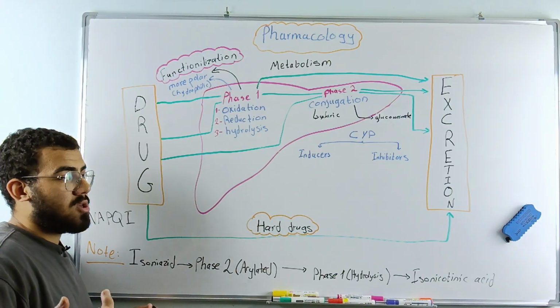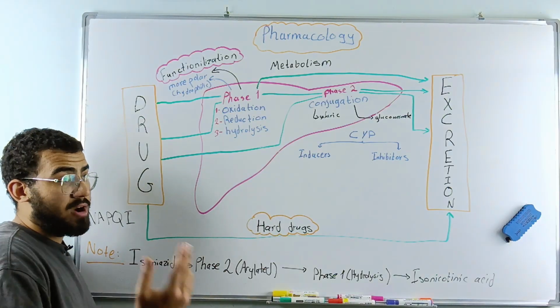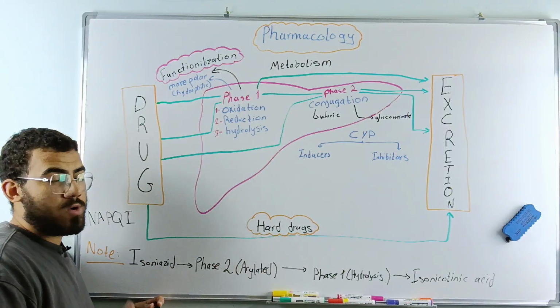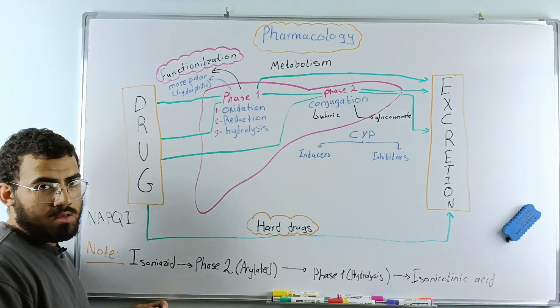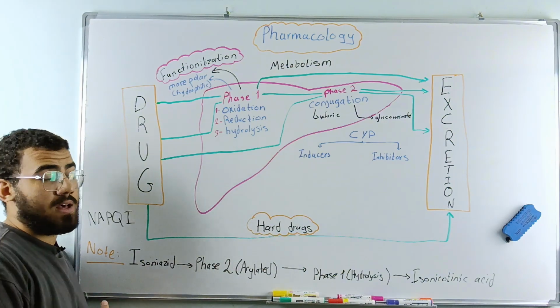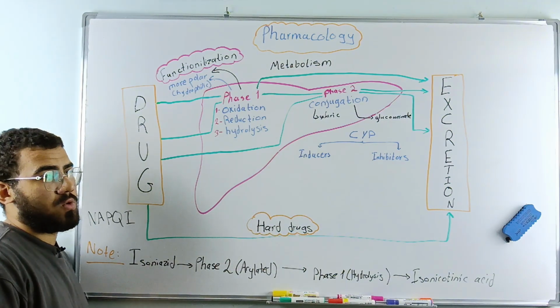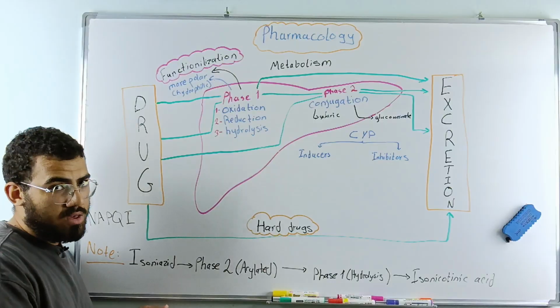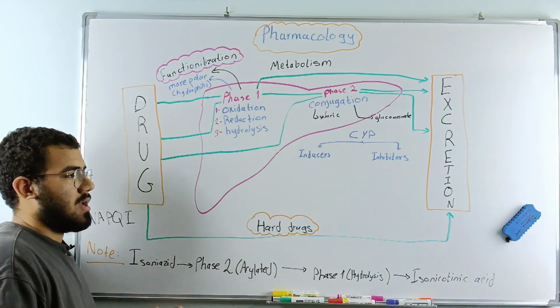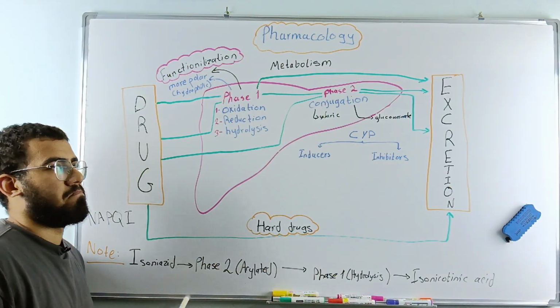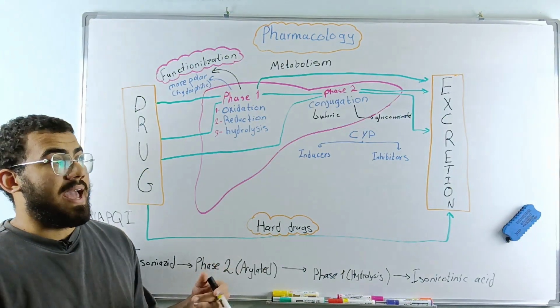Some drugs actually could change from an active form to a more active form, like codeine, which changes by metabolism to morphine. You know, the very famous analgesic that used to be used in wars in previous times and is still used to this time, actually, morphine. Some drugs could change from an inactive form.